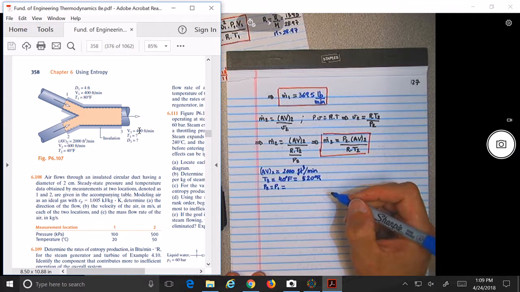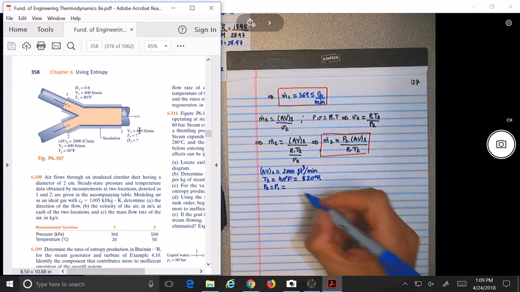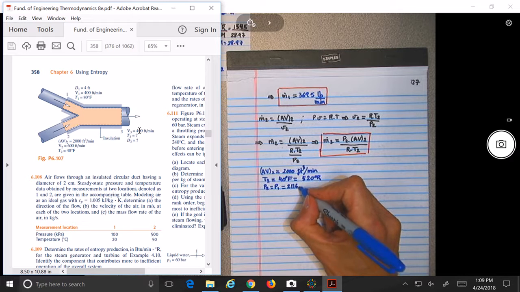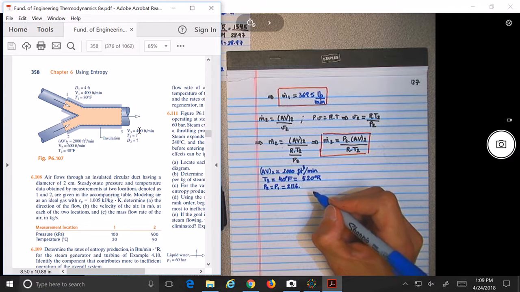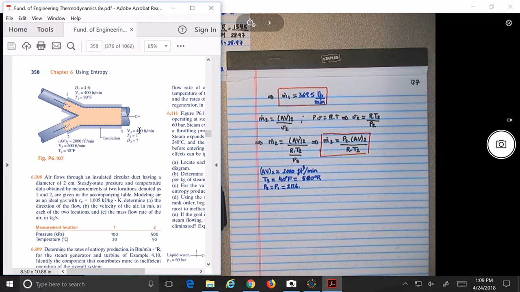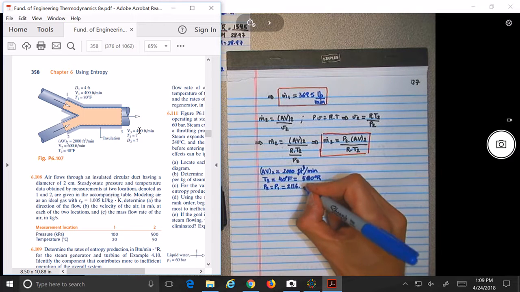So you give me the value of 2,116.8, no? Should it be 500? Yeah, 500. Well, no, the degree should be 500, and it's not 520. Oh, sorry, 500. Yes, plus 460, 500. Sorry for that. And the pressure will be 2,116.8 lbf per foot square.